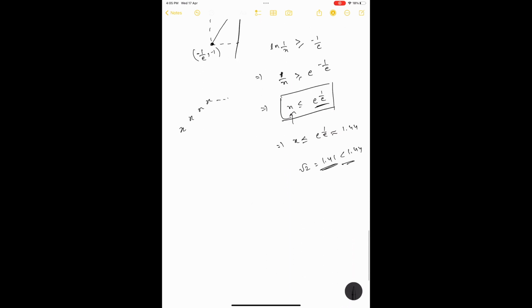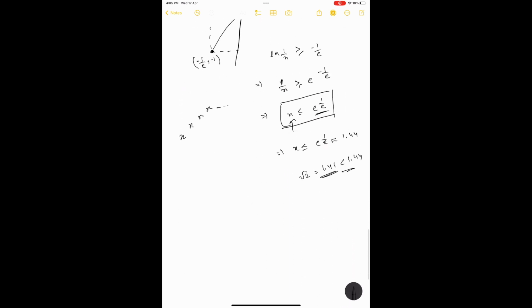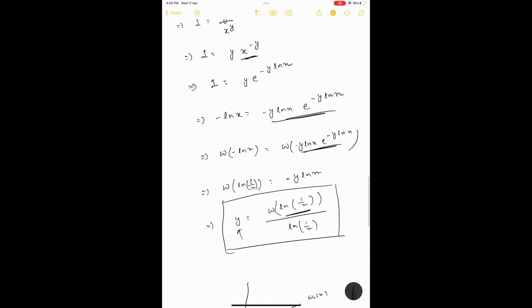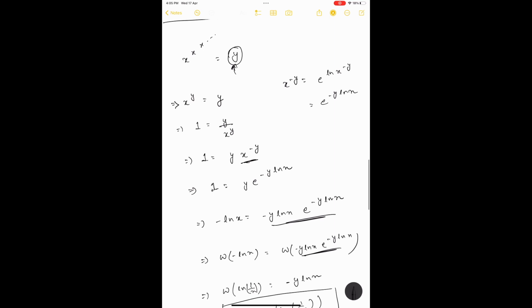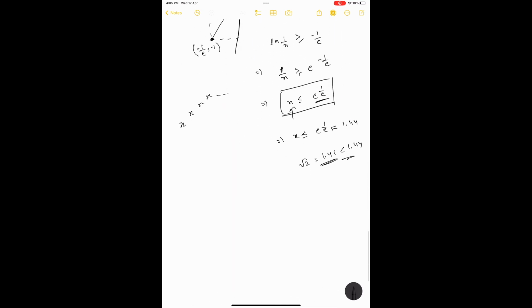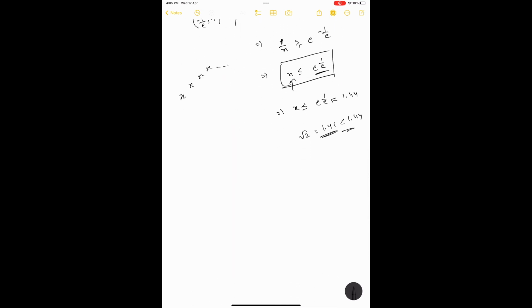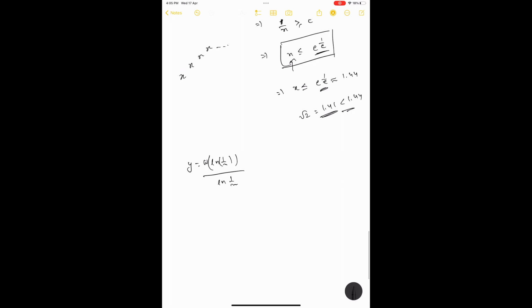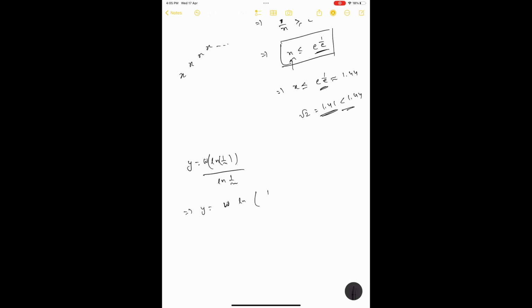Okay, so now let's calculate the maximum value of y which we can get. Let's see that. So we have y equals W of ln 1 over x upon ln 1 over x. So let's plug in the maximum value of x. So y equals W of ln 1 over e to the power 1 by e.